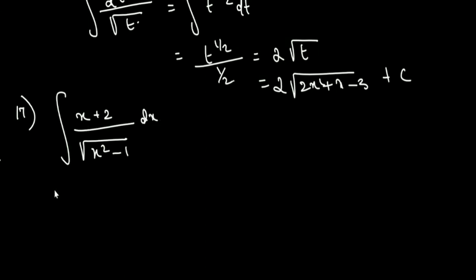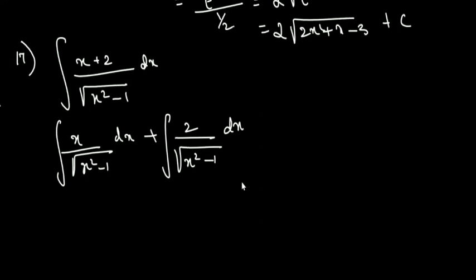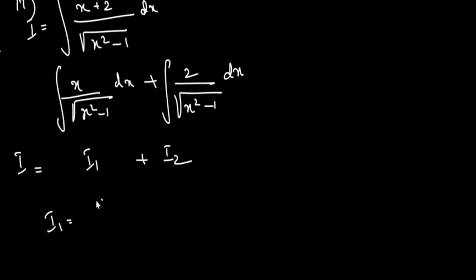Split this as 2 integrals. There are 2 integrals here. The integral of x by root of x square minus 1 dx, which we will name I1, and the integral of 2 by root of x square minus 1 dx, which is I2. So integral 1 is x by root of x square minus 1. The differentiation of x square is 2x, and 2 is not there, so multiply and divide by 2.